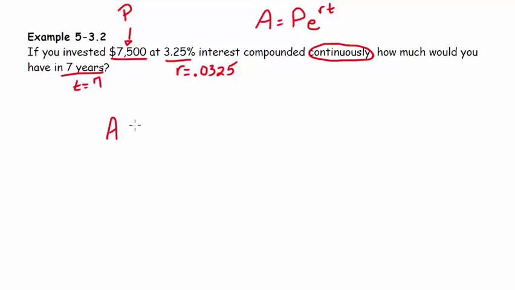A is what we're looking for, how much would you have. So we're going to start with $7,500, multiply that by E, this special number, raised to the power 0.0325 times, how many years are we going here? 7.